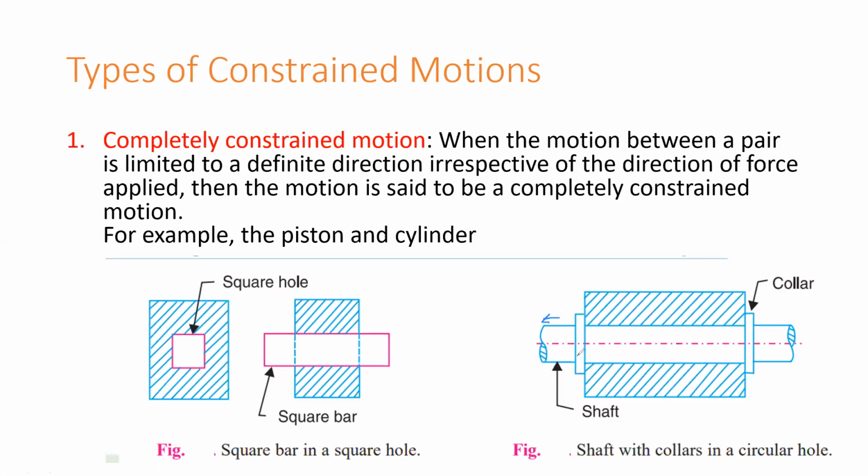This collar is provided to stop the axial movement of the shaft. So axial movement is not permitted because it is prevented.